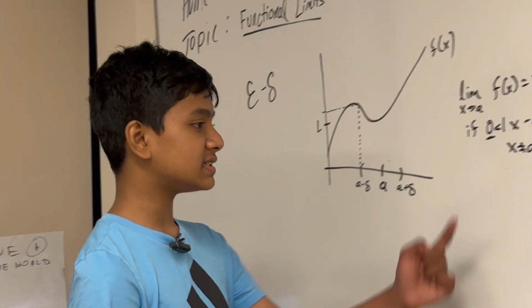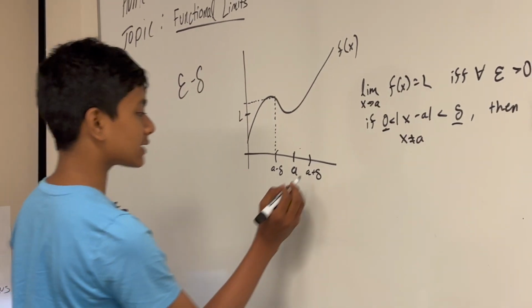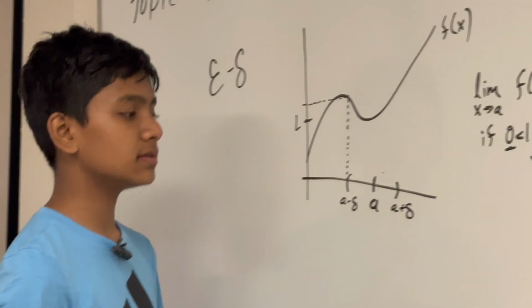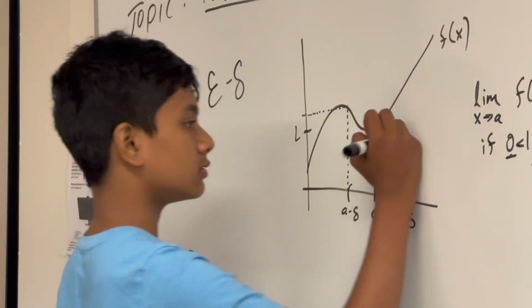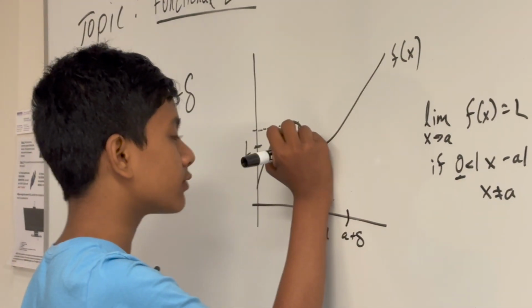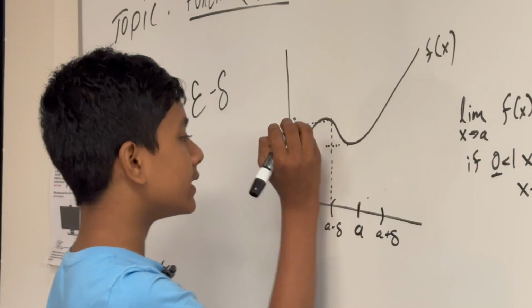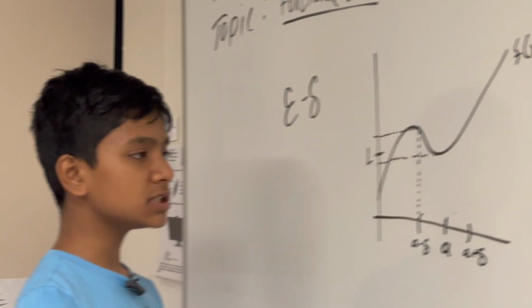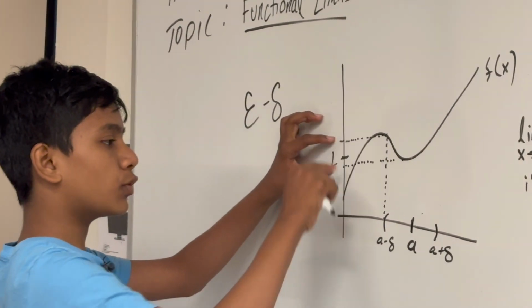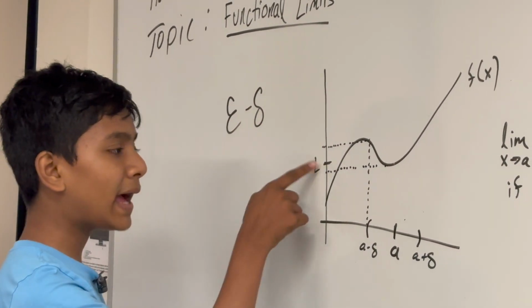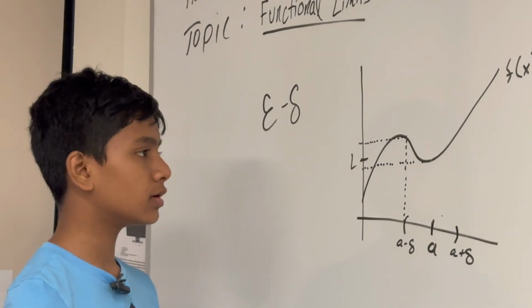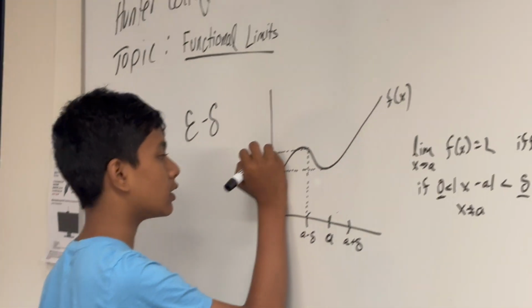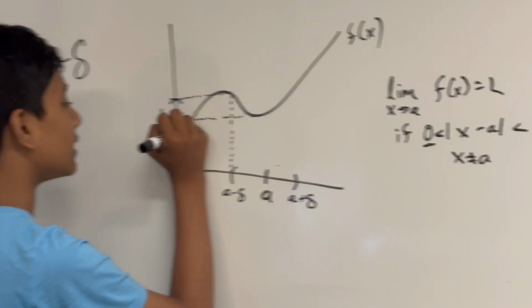This means that x is not equal to a, and x lies somewhere within this delta neighborhood. So then we have the minimum right over here. So we want to make sure every single point in this neighborhood that's possible, which is every single point in this range, will map to some point in the epsilon neighborhood. So a possible epsilon could be something like this.